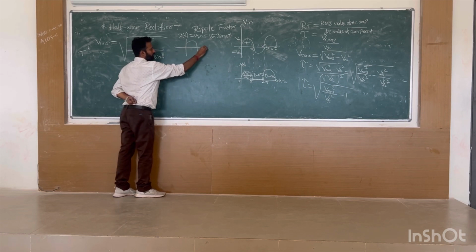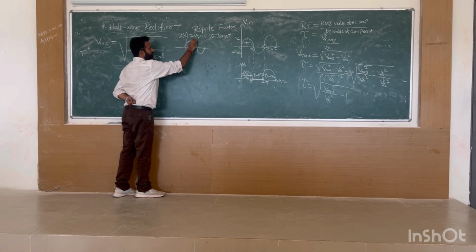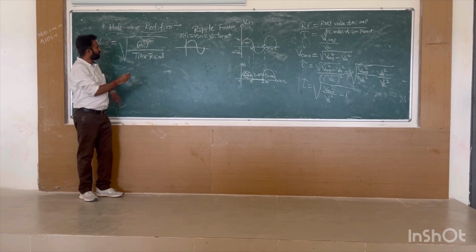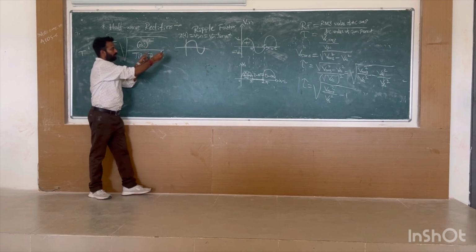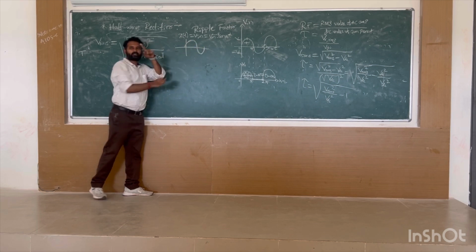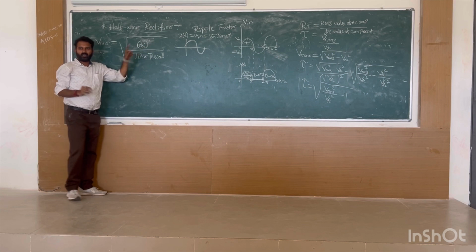Technically, we will call it the area under the curve for one complete cycle. How will we determine this value? This is nothing but the area under the curve for one complete cycle, that is, x of t whole square.